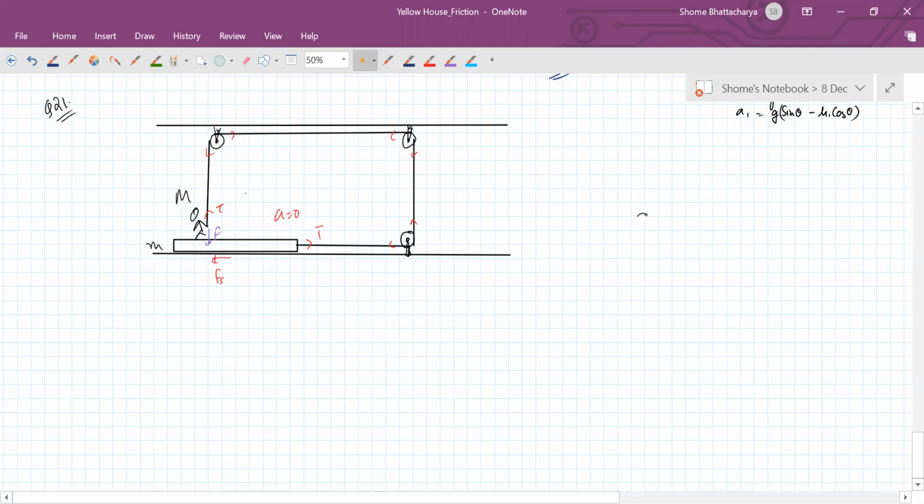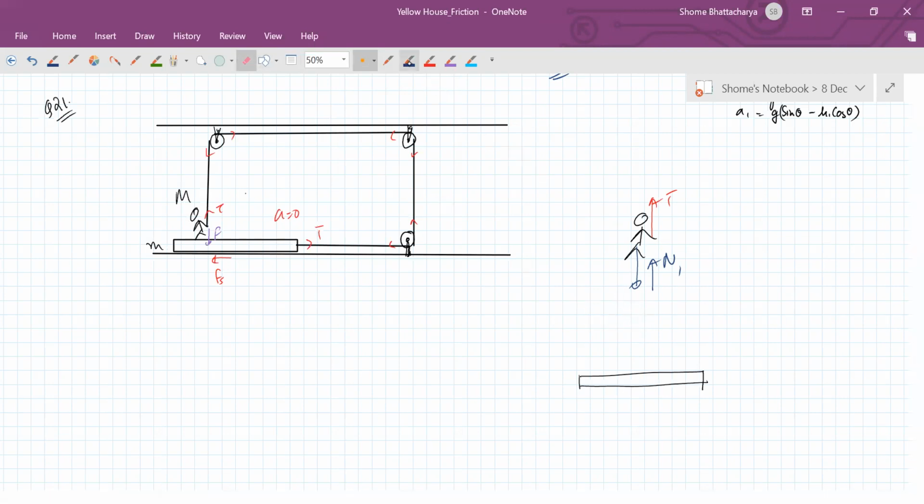Okay, so you make the person's free body diagram. So there is tension, body weight, and some kind of normal reaction, let's say N1. And you make the plank's free body diagram. Only this should be capital M, so his weight is denoted by capital Mg.